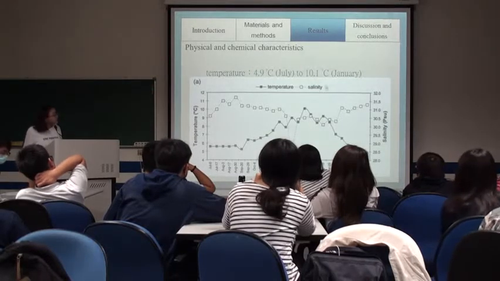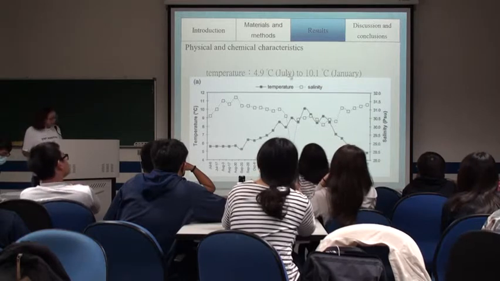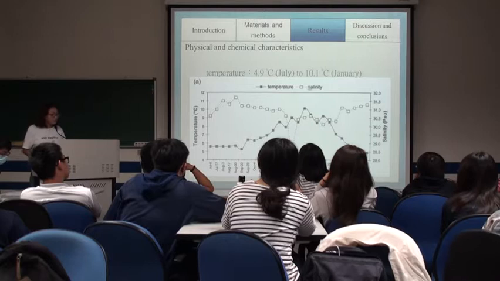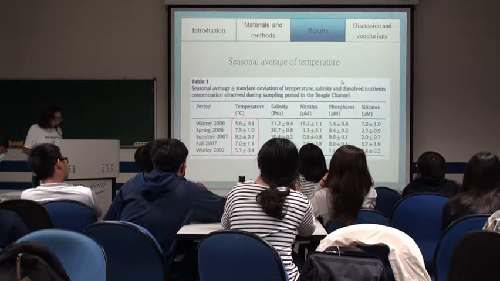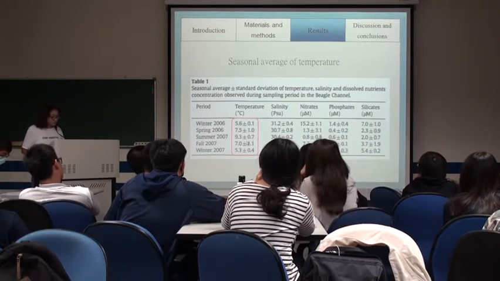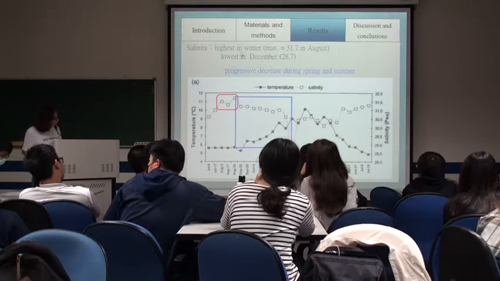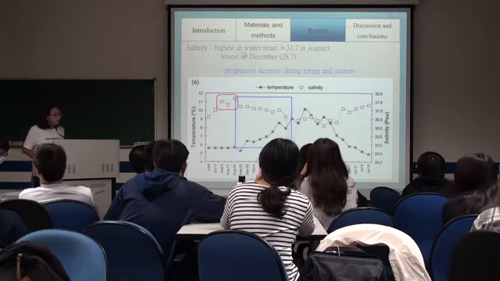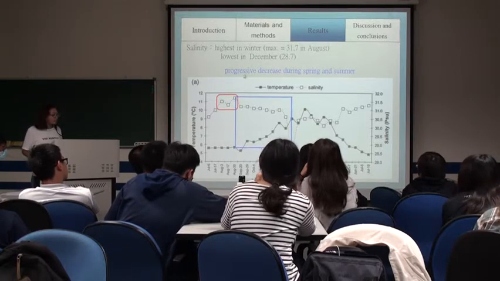In this research, we know the temperature is 4.9 degrees Celsius to 10.1 degrees Celsius. And here we can see the seasonal average temperature. In the salinity, the highest is in winter, in August, and the lowest in December.